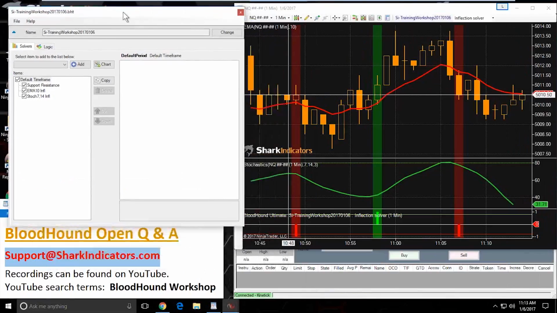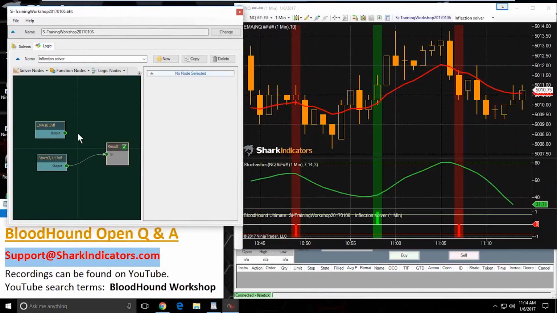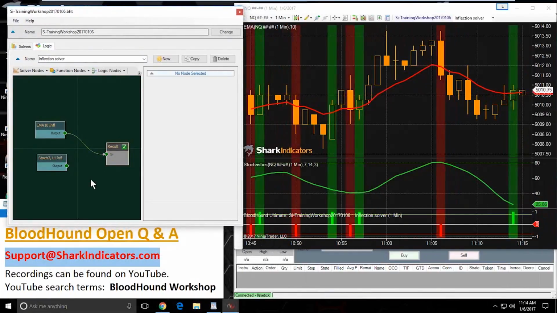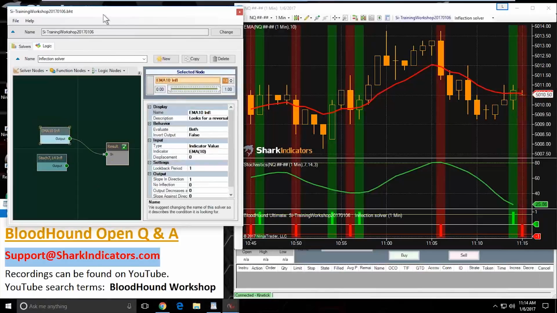That EMA is almost ready to inflect up there. Ah, shoot, I missed it. Darn it. I just missed it. Oh, there we go.